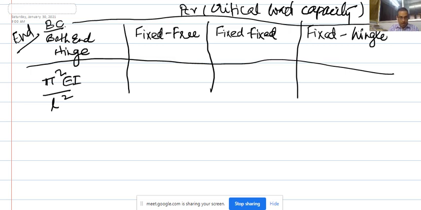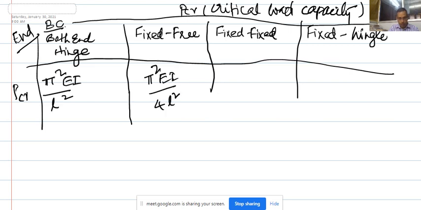The first condition was both ends hinged, so pi square E I by l square was the load carrying capacity, that is your PCR. If it is fixed and free, the load carrying capacity was pi square E I by 4 l square.